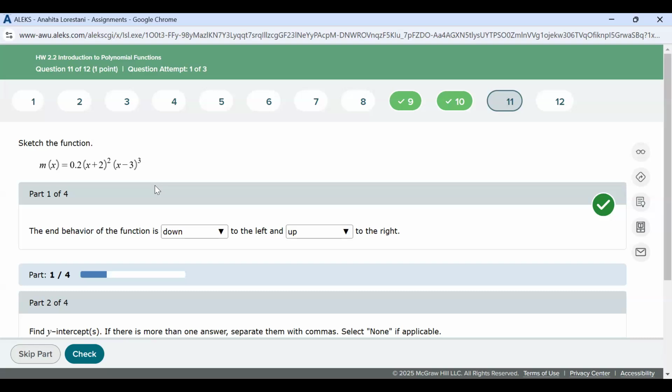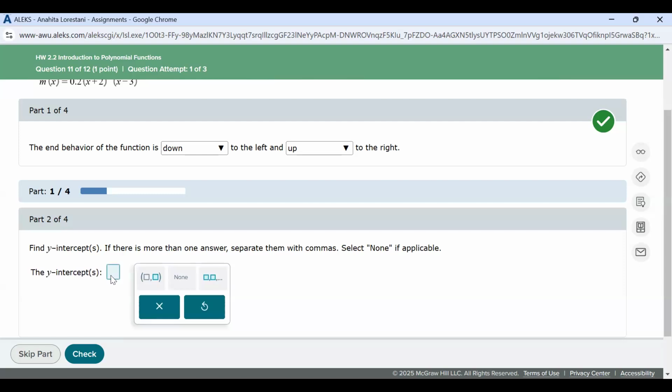So 8 times 7 is 56. 8 times 2 is 16, and 5 is 21. Negative 216, but we have one decimal point. So it's negative 21.6. So our y-intercept is, when x is 0, y is negative 21.6.